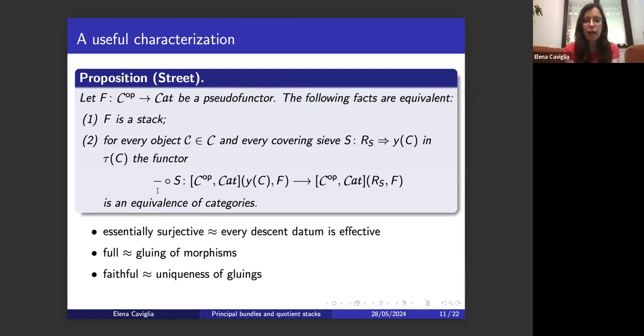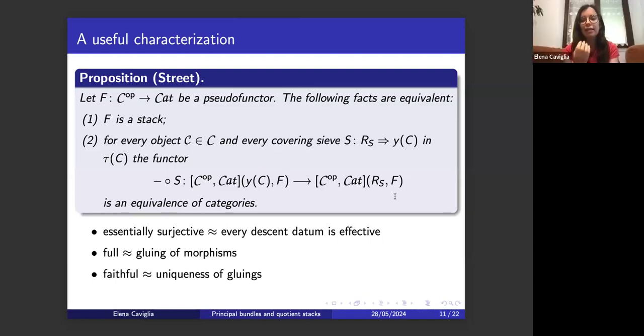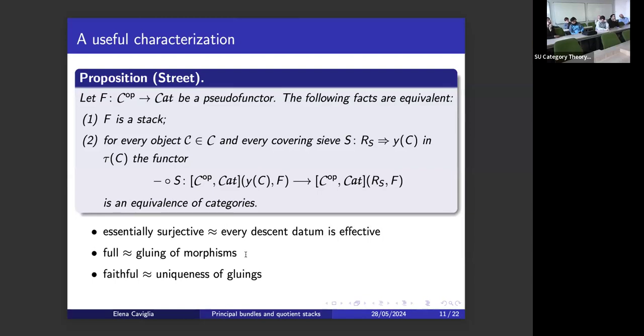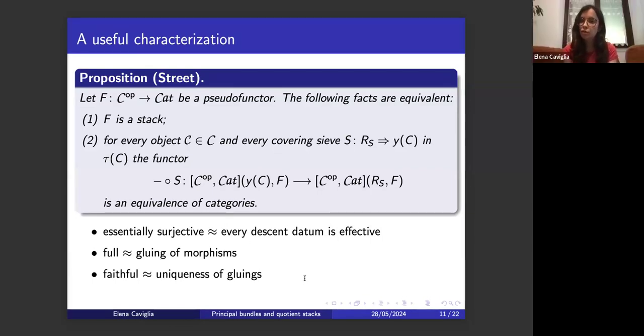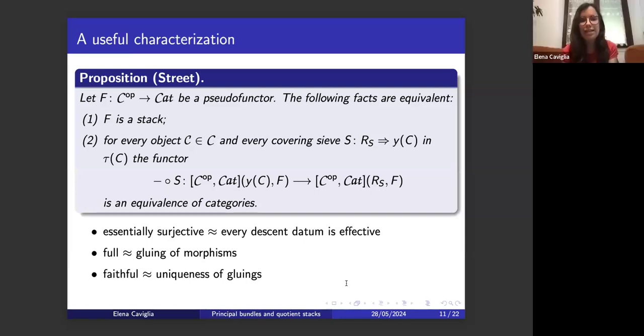And the idea behind this characterization is that the left hand side here is equivalent to F of C by the Yoneda lemma, while the right hand side is a category of the same data, essentially. And the idea is that the three conditions of equivalence of categories, so essential surjectivity, fullness, and faithfulness, correspond to these three gluing conditions that we saw before for a stack. And we'll see why this characterization is useful for us.